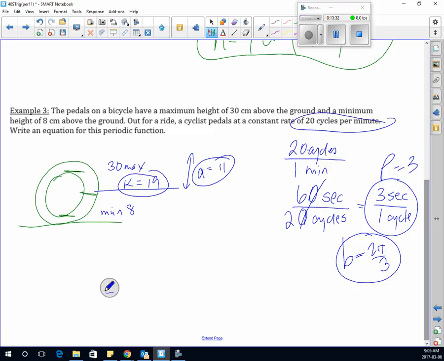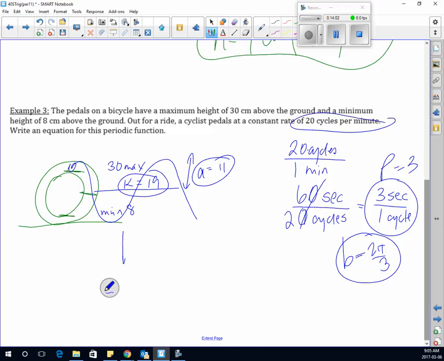It doesn't tell you where we should start the pedals. So we'll ask the expert here, where do you usually start your pedals to start biking? At the top, at the middle, or the bottom? I would say top too. That's what I think. And you know what I like about top: it's a cosine graph if you start at the top and then you go down. Do you see that's a cosine graph? Yeah. And there's no shift. We like it.